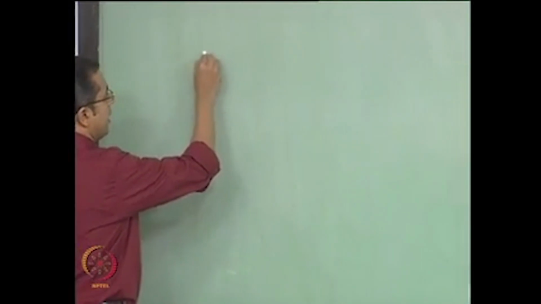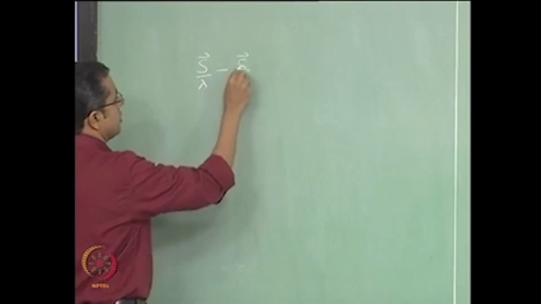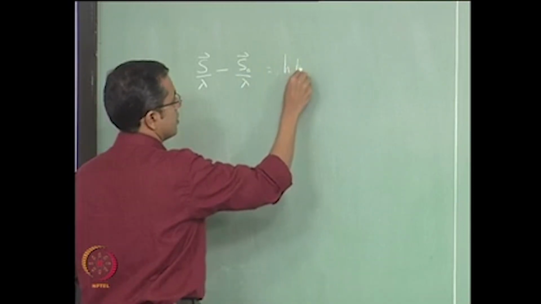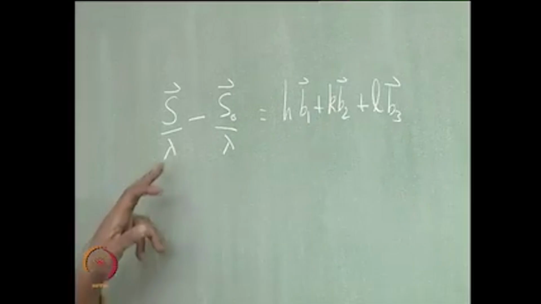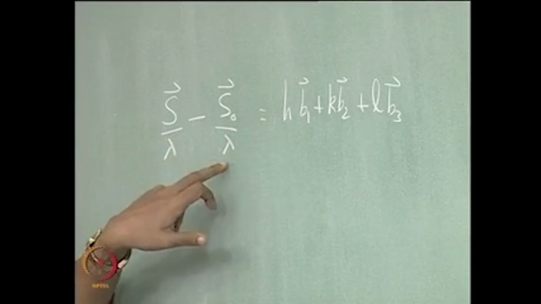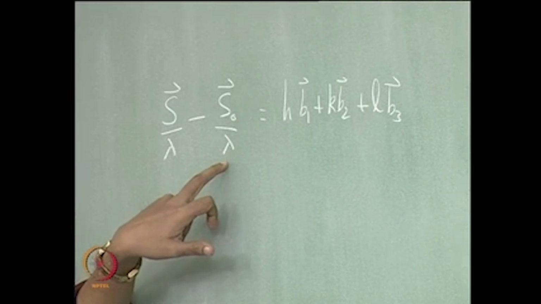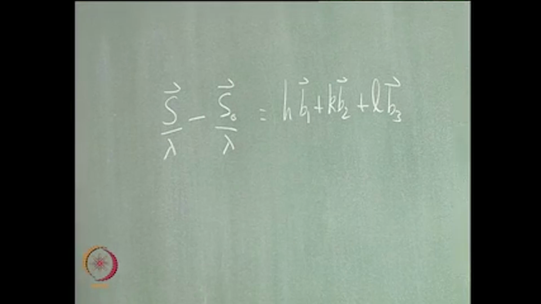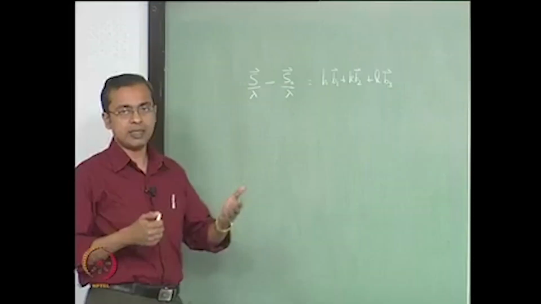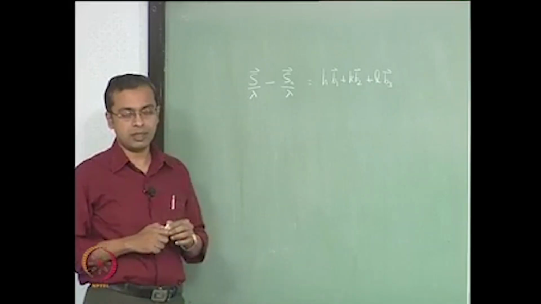Now where we finished off last class is, we looked at the interaction in the reciprocal lattice notation, and we specifically found that if you have a unit vector in the incident beam direction given by S naught, and 1 by lambda is the magnitude of the wave in reciprocal space notation, and S is the unit vector in the diffracted beam direction, or in the direction where we are looking to see if there is a diffracted beam, and again 1 by lambda is the reciprocal of the wavelength, and therefore the magnitude of the wave in the reciprocal space notation.